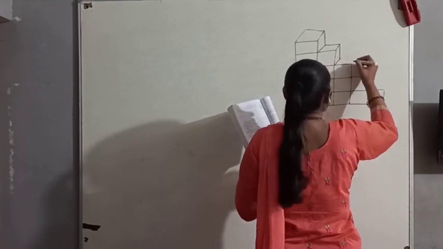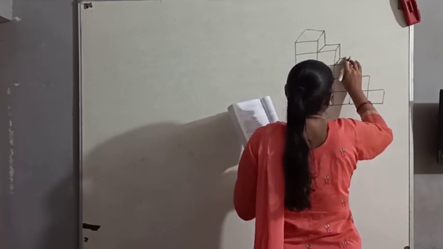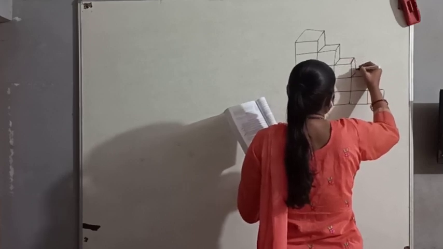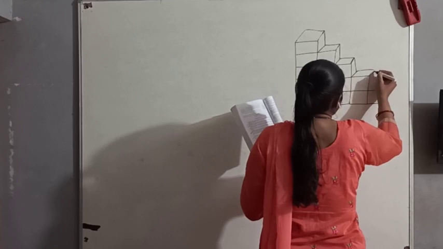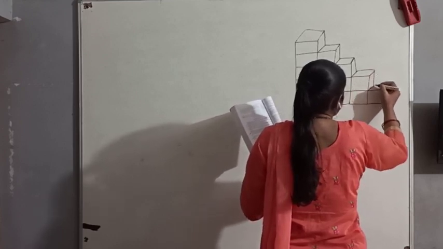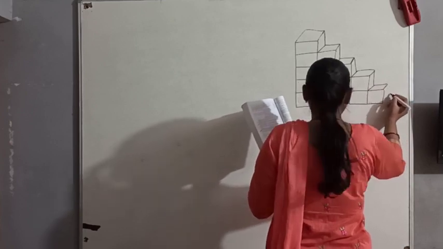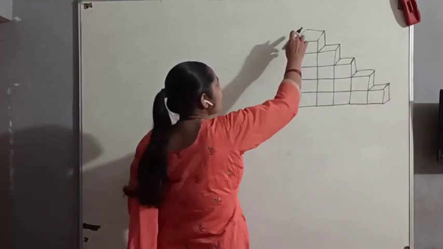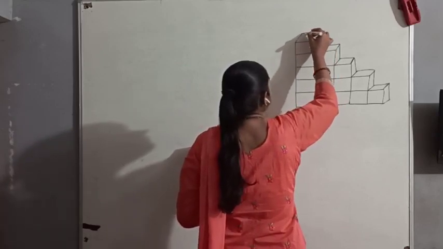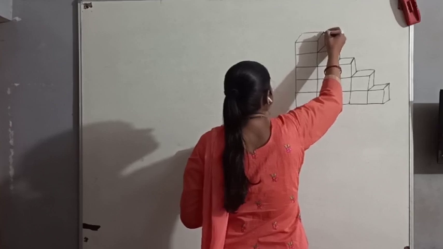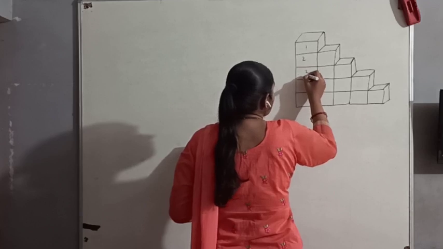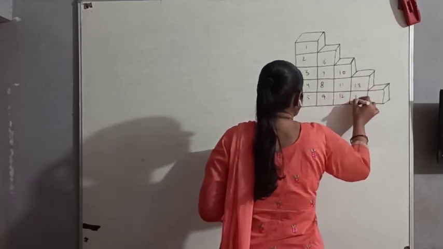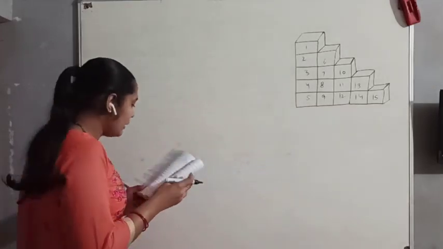These all are cubes. Similarly, here we can see that total number of cubes: 1, 2, 3, 4, 5, 6, 7, 8, 9, 10, 11, 12, 13, 14, 15. So total number of cubes are 15.